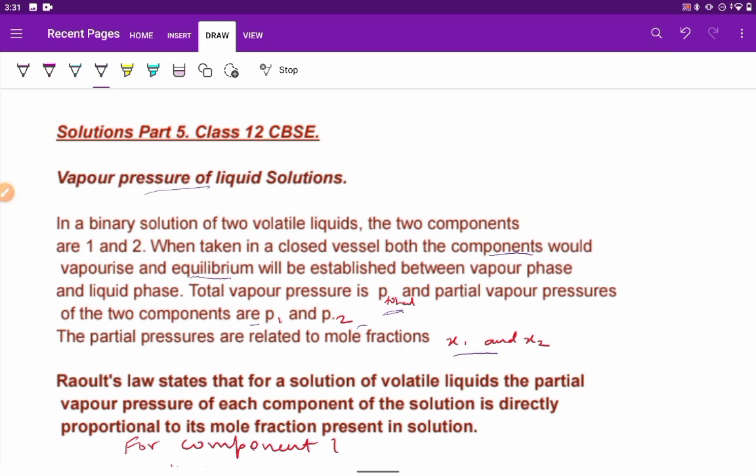This mole fraction is proportional to partial vapor pressure of each component.